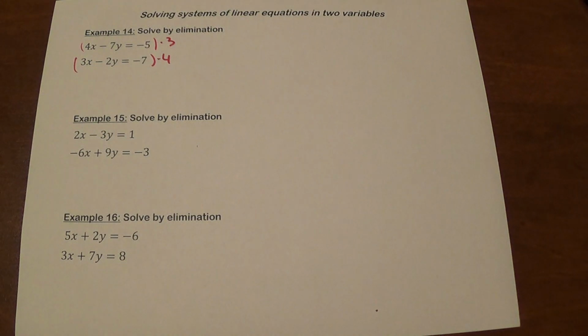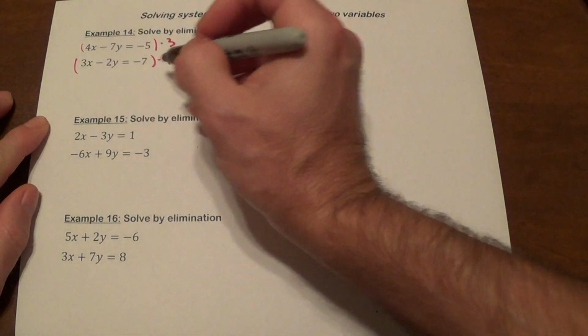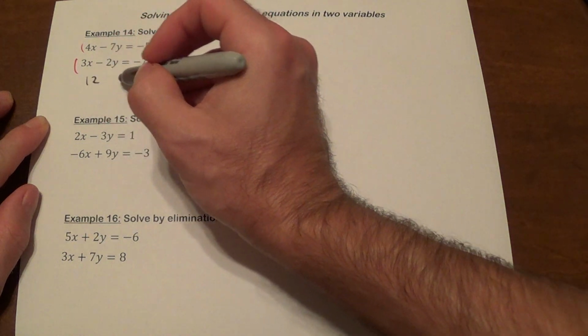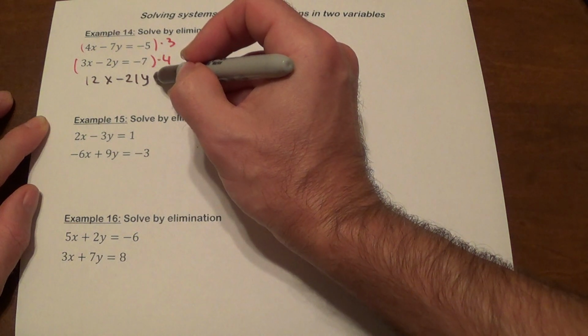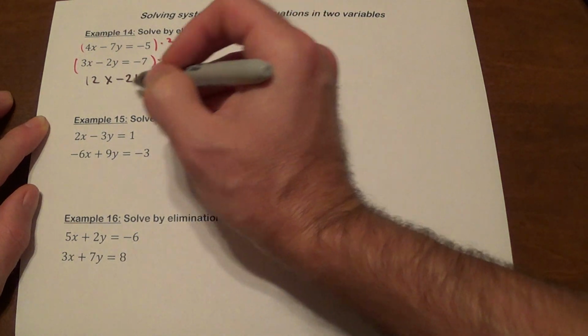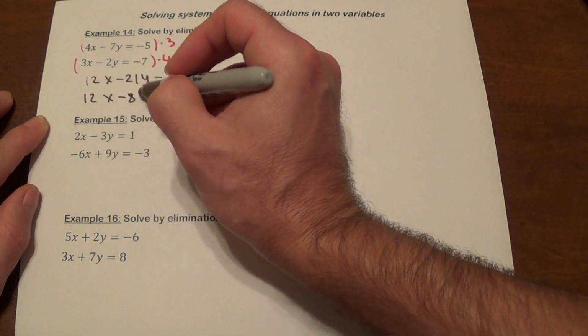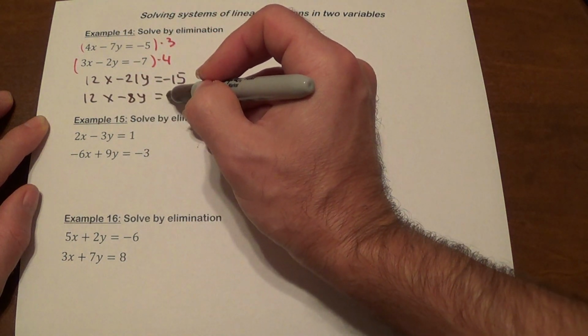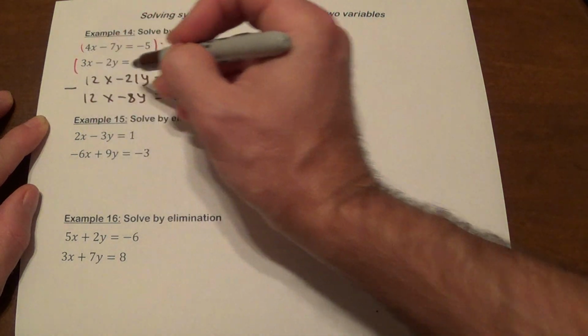what I'm going to get is 12x minus 21y equals negative 15. And the second equation is going to be 12x minus 8y equals negative 28. And now I can subtract them.